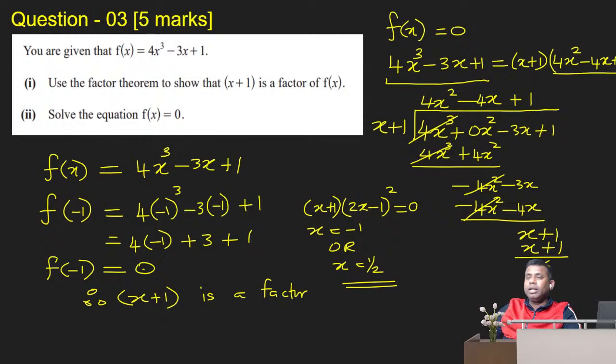That is the solution for f(x). So if f(x) needs to be solved, it means f(x) equal to 0, and then you need to find out what the values of x are, right? One answer straight away came as x equals minus 1. Then use the polynomial division to find the quadratic expression. Then the quadratic expression you simplify and that gives the second solution.